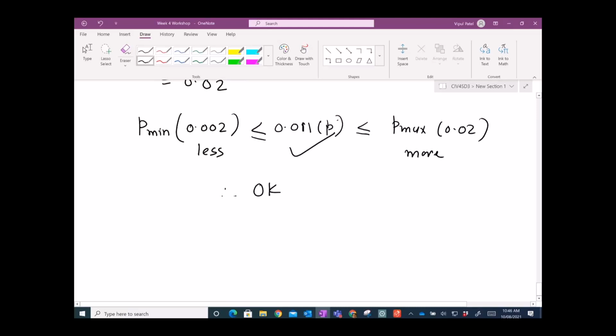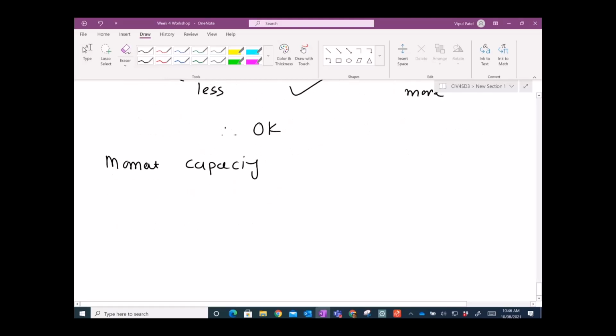If everything is okay, we can calculate the moment capacity. I would like to add one more thing here: you know the moment capacity, right?